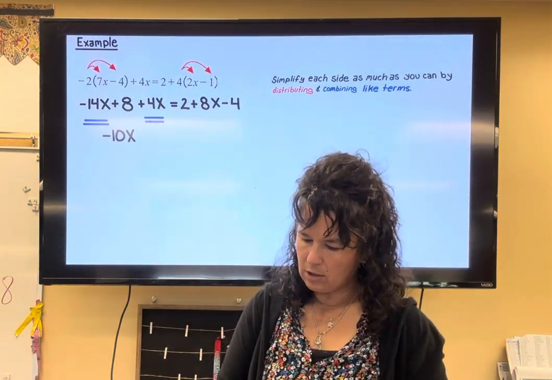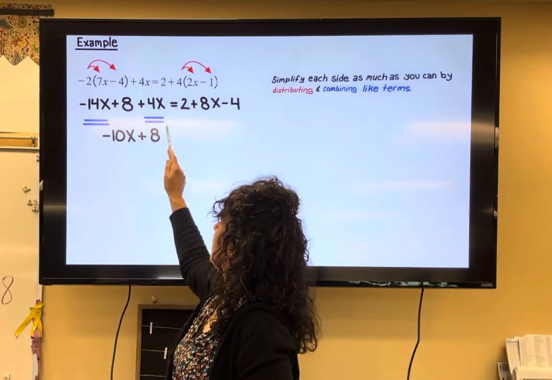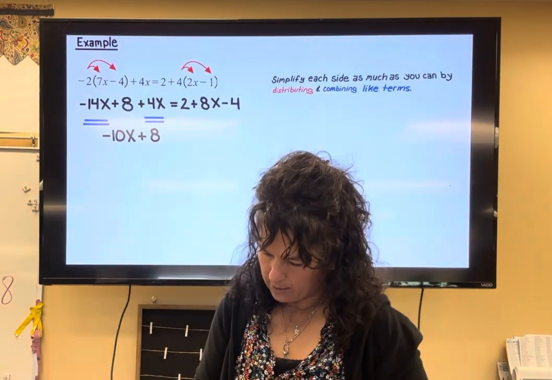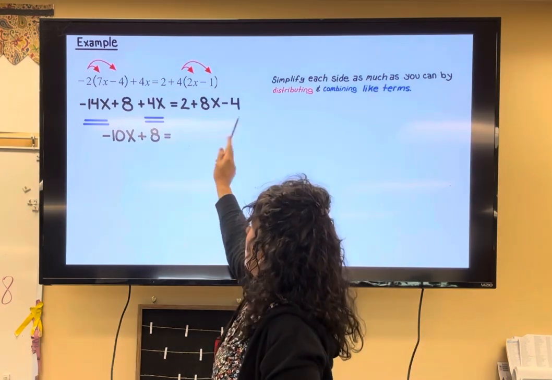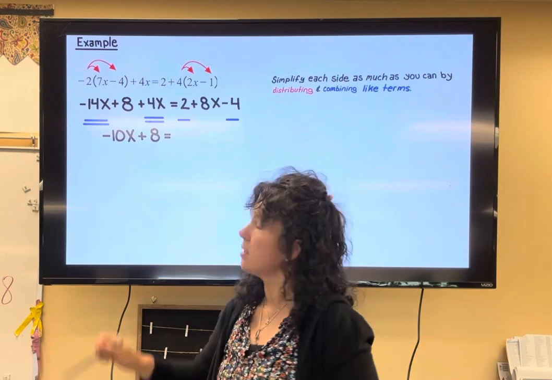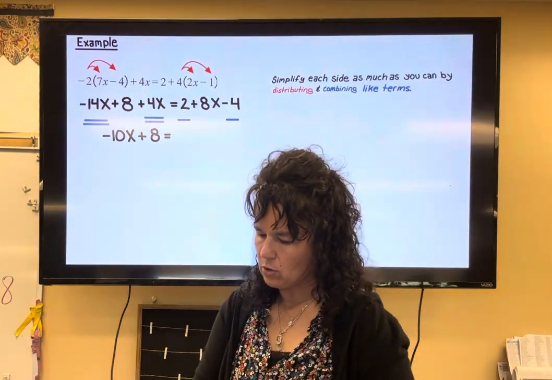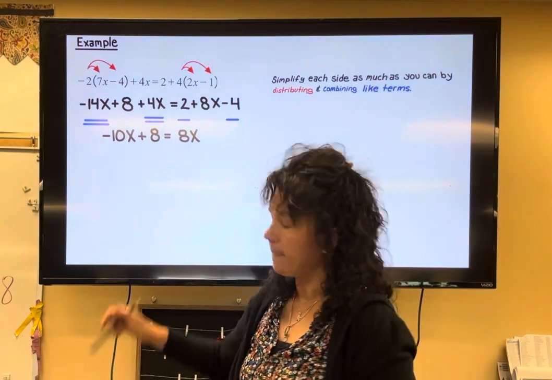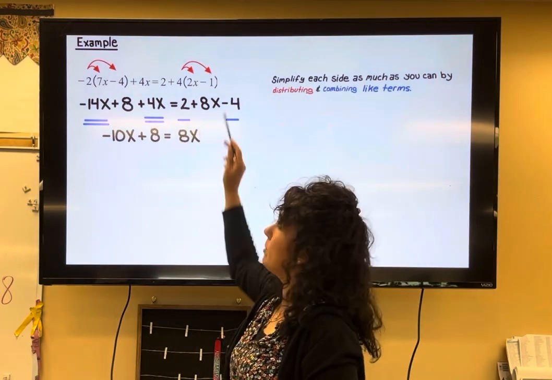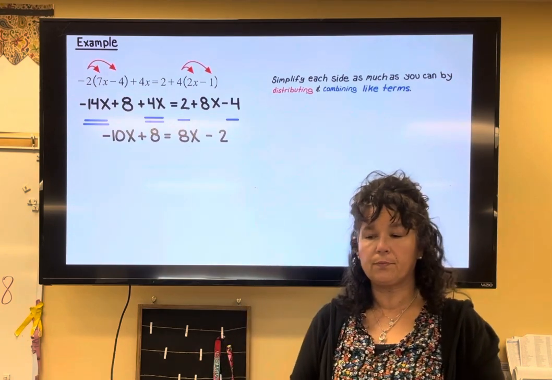And then you still have the plus 8 we can bring down. Okay, then let me go ahead and bring down that equal sign. On the right side, the 2 and the negative 4, those are like terms. So 2 minus 4 is negative 2. So I have 8x that I'm bringing down, and 2 minus 4 is a negative 2.